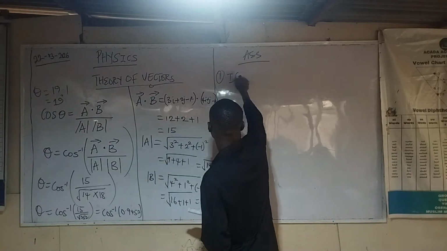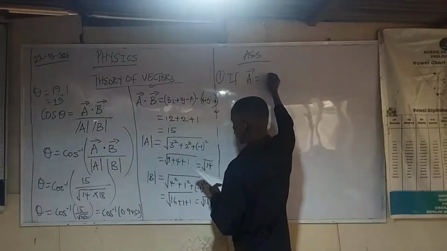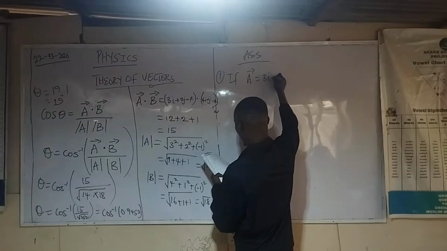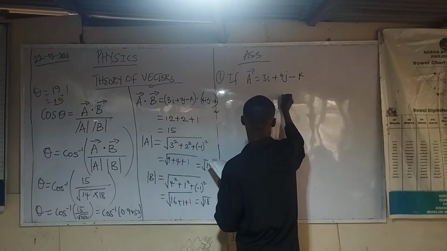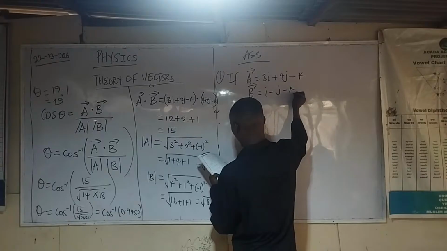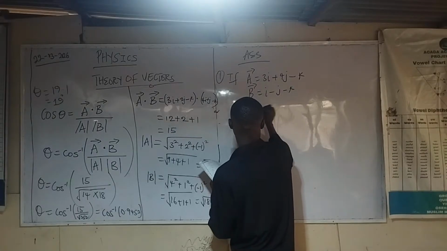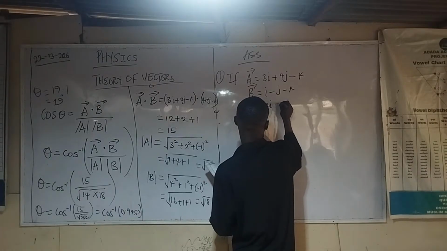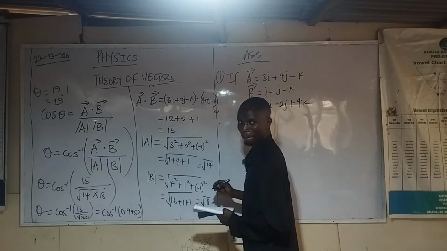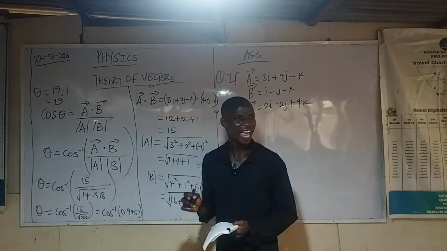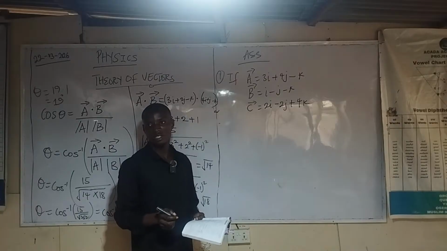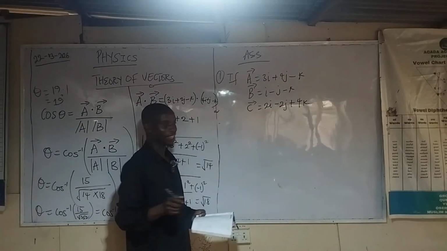Number one, if vector A is equal to 3i plus 4j minus k, and B equals i minus j minus k, and C equals 2i minus 2j plus 4k. Pay attention.